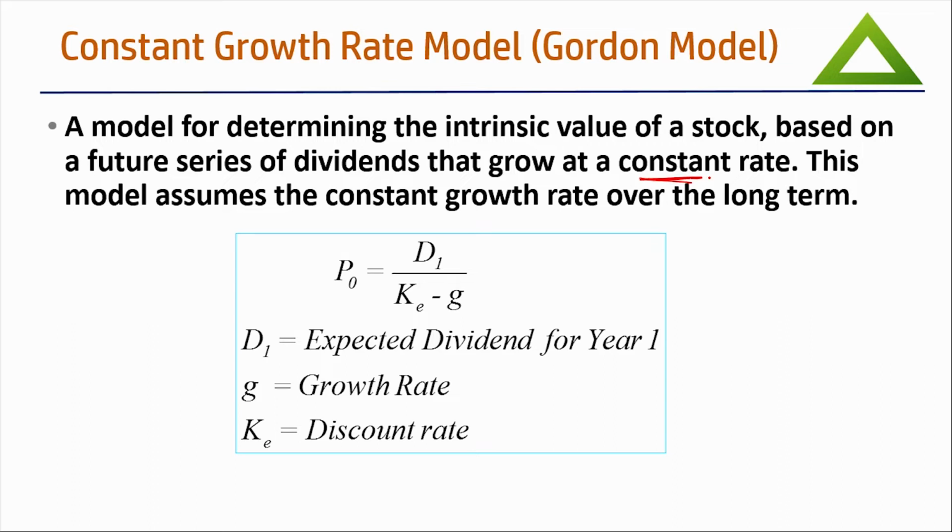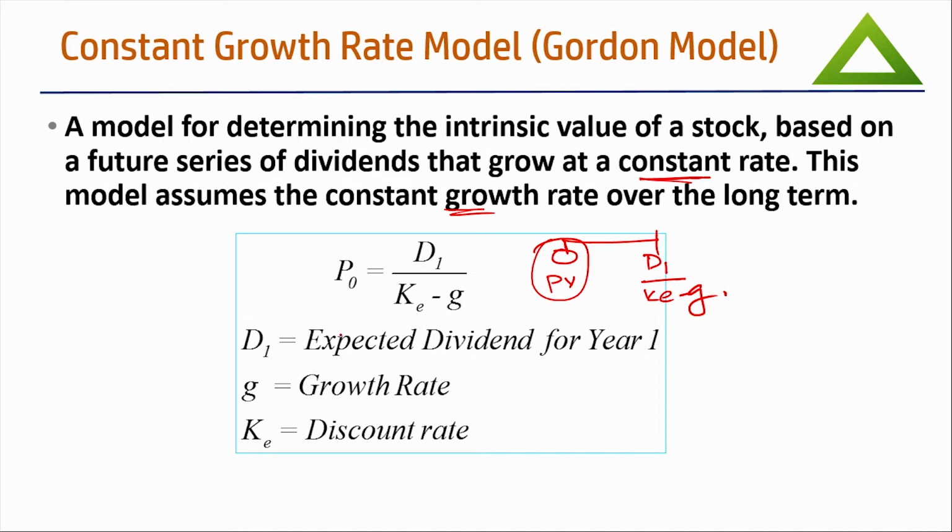So in technical terms, it is nothing but the present value of growing perpetuity. This model assumes constant growth. Now understand, on the timeline, I want the future dividend, that is D1, divided by KE minus G, which will give me the present value of perpetuity at time 0.